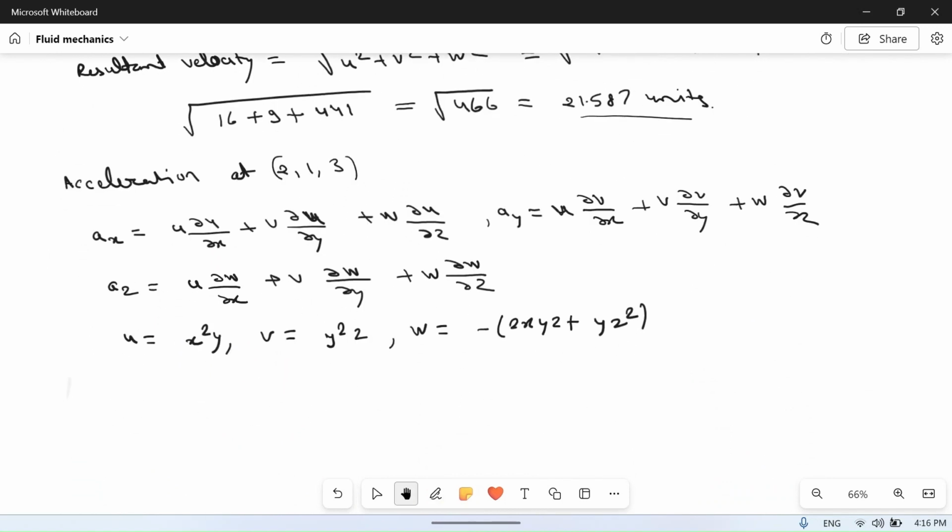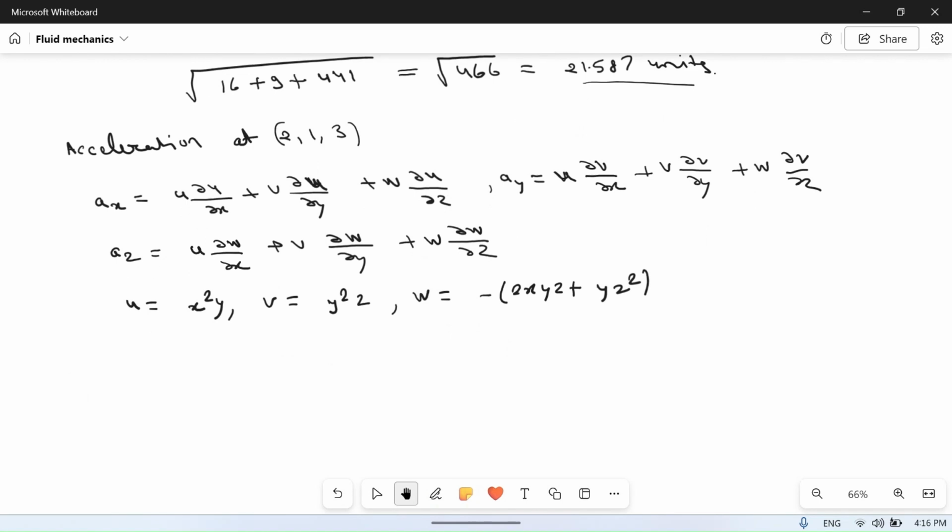Okay, so from here, for ax we will calculate del u upon del x, which is equal to 2xy, del u upon del y is x square, and del u upon del z is 0.